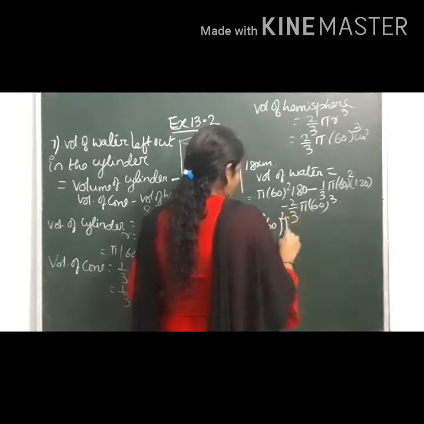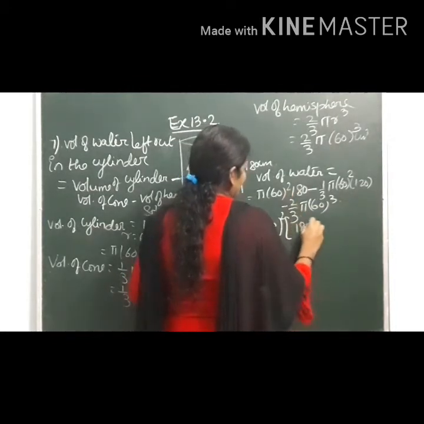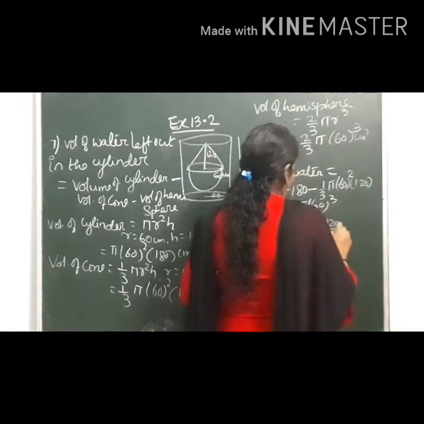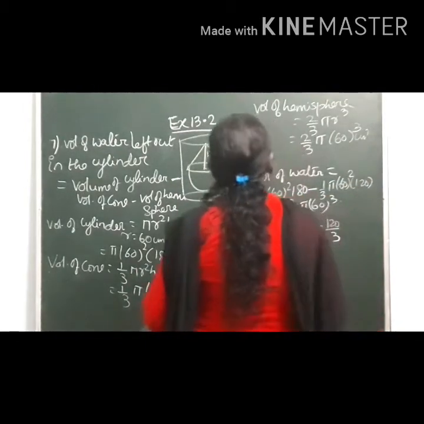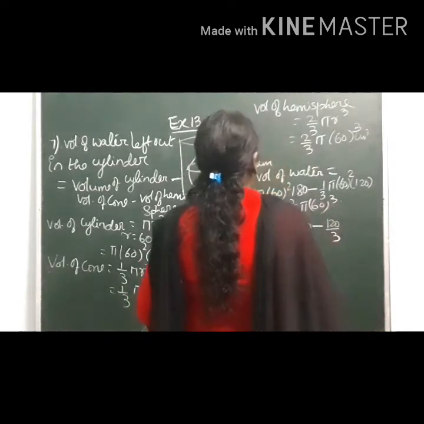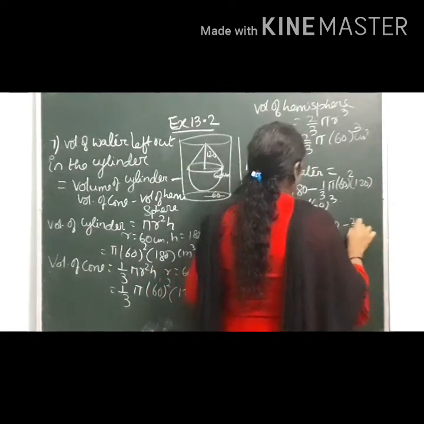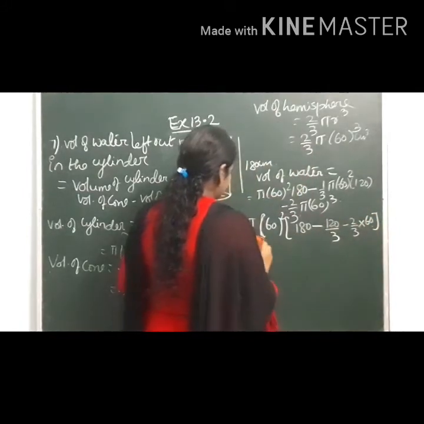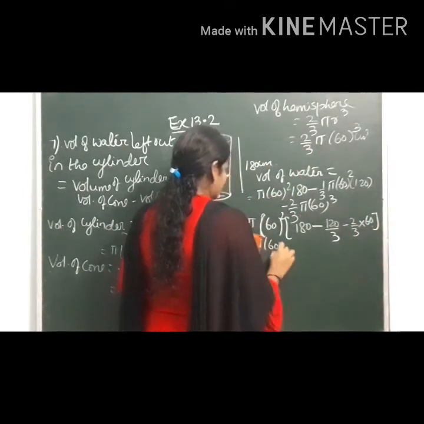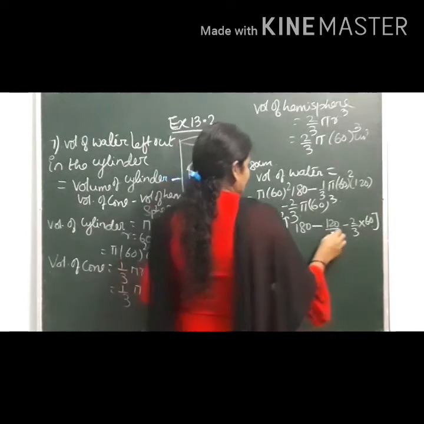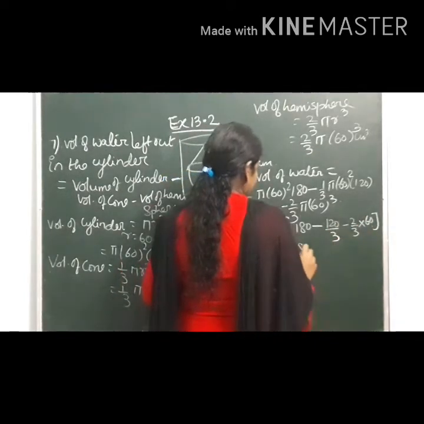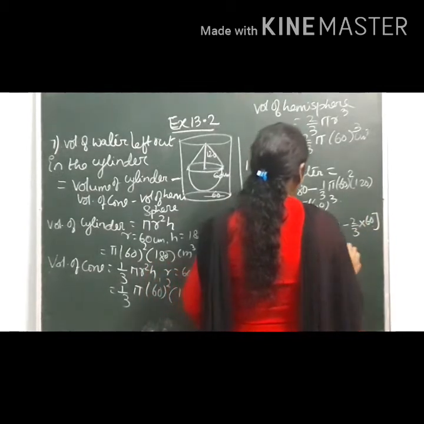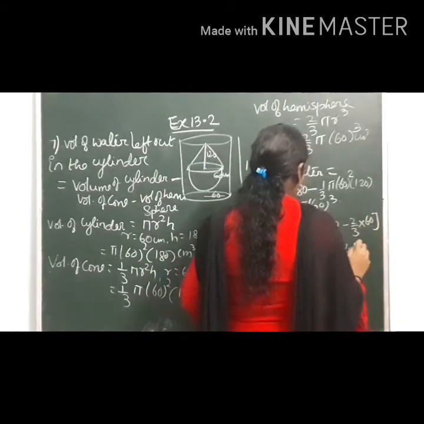So what is left over there? Pi 60 whole square into 180 minus 1 by 3 of 120, which is 40, minus 2 by 3 into 60, which is 2 into 20, that is 40.